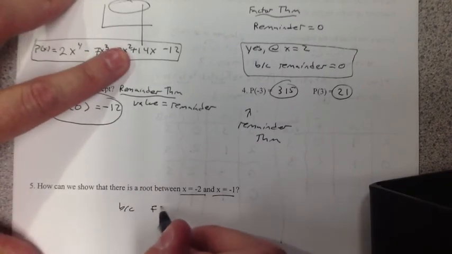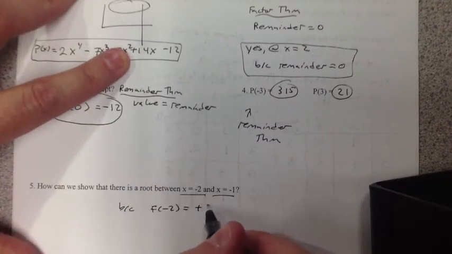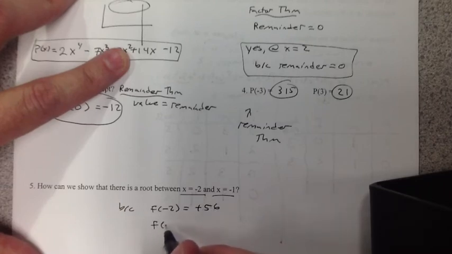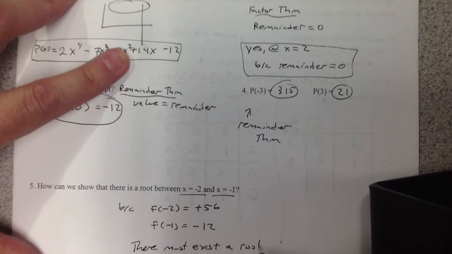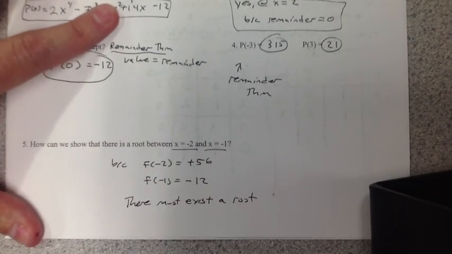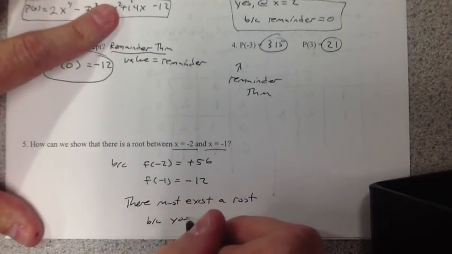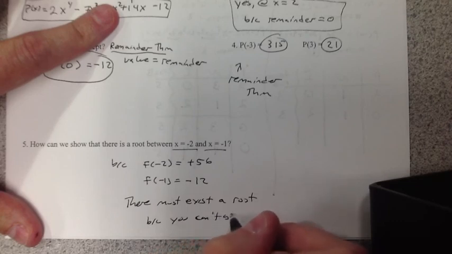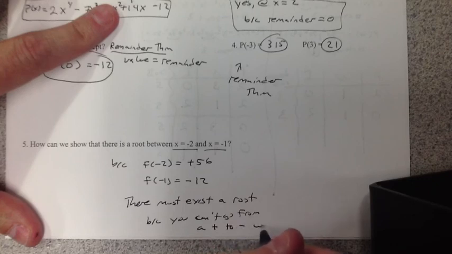Because f of negative 2 equals positive 56 and f of negative 1 equals negative 12, there must exist a root, because you can't go from a positive to a negative without crossing 0.